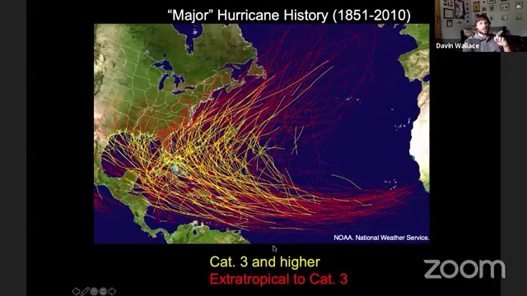But what I noticed is that this record reliably is 150 years long. That may seem very long to all of you, and by human lifetime scales it is very long. But from a statistical standpoint, for events that happen very infrequently, like major events like Katrina, you really need a longer time series than 150 years.